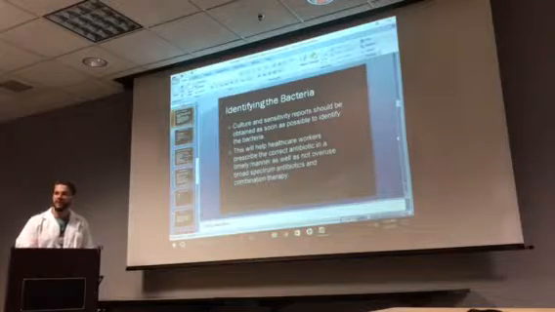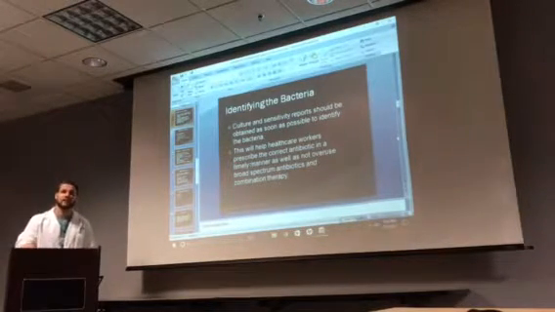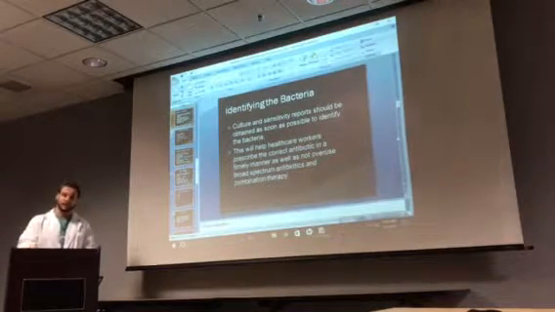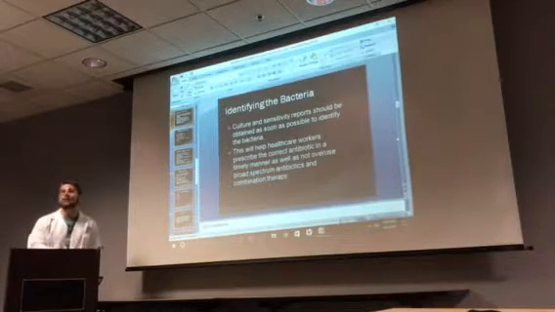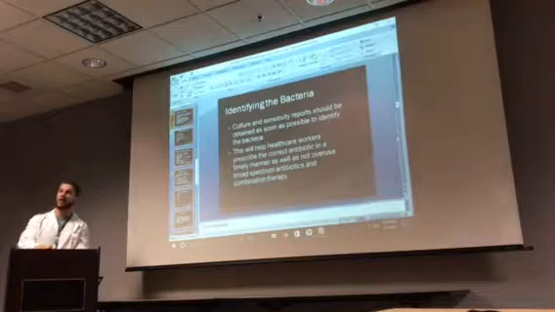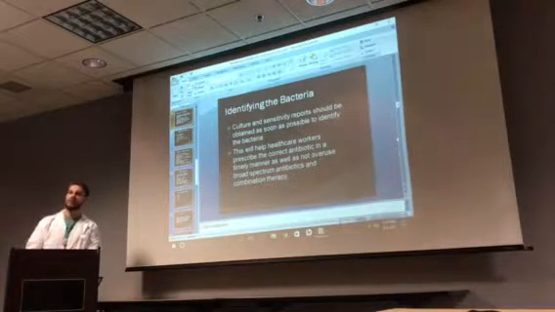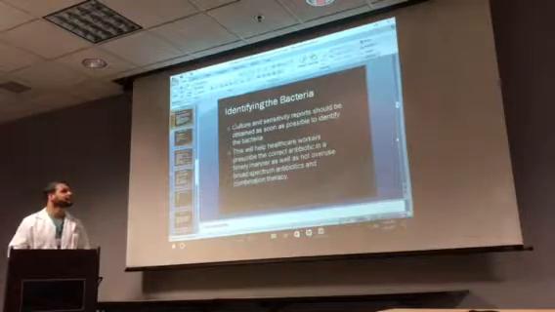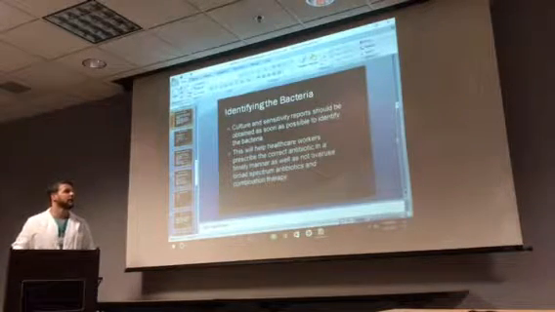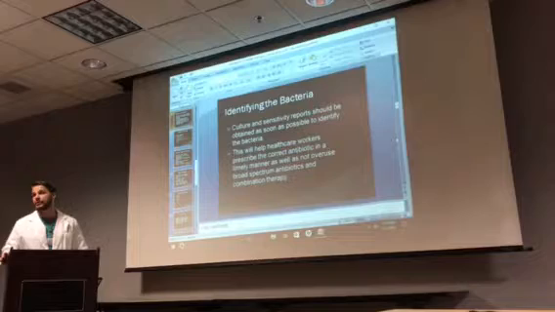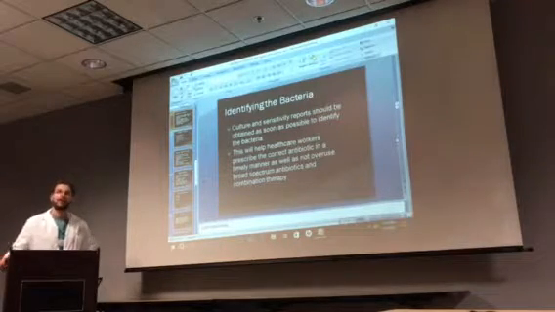We want to try to identify that exact bug that is causing the infection, so we can get the exact antibiotic that works best to treat that bug, and start transitioning off of those broad spectrum antibiotics. This will help us prescribe the correct antibiotic in a timely manner and not overuse those broad spectrum antibiotics.